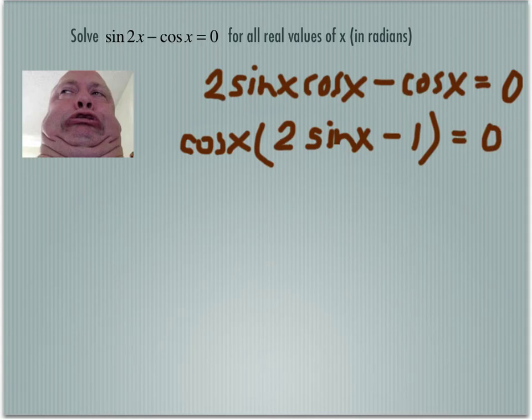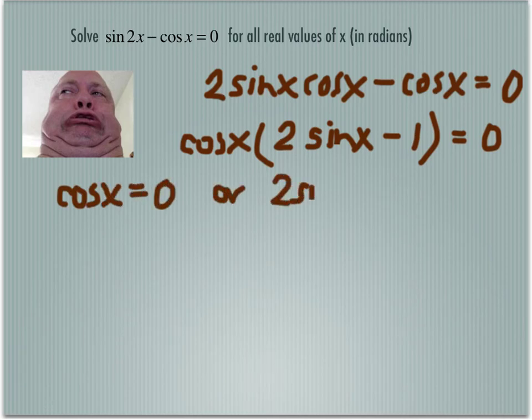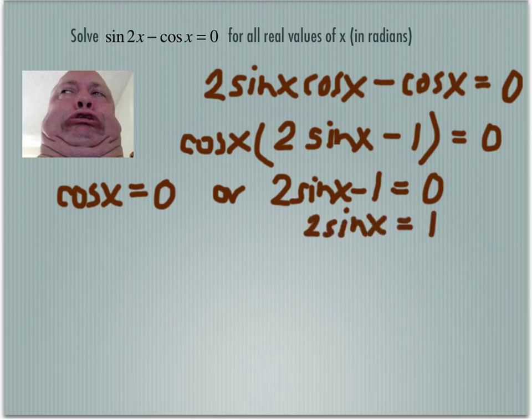And so again, now when I have two chunks that are multiplied together to equal 0, I'm going to set each part equal to 0. So cosine of x equals 0, or 2 sine of x minus 1 equals 0. And I can simplify this one a little bit. This is going to be 2 sine of x equals 1, or the sine of x equals 1/2.